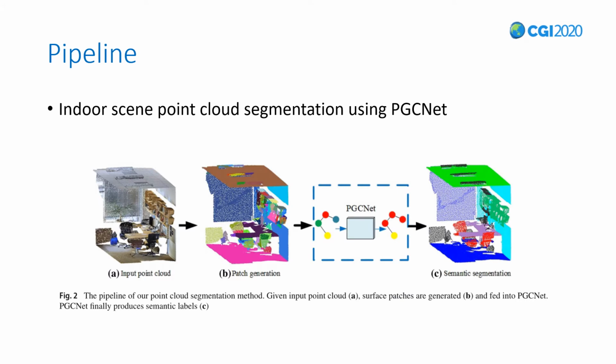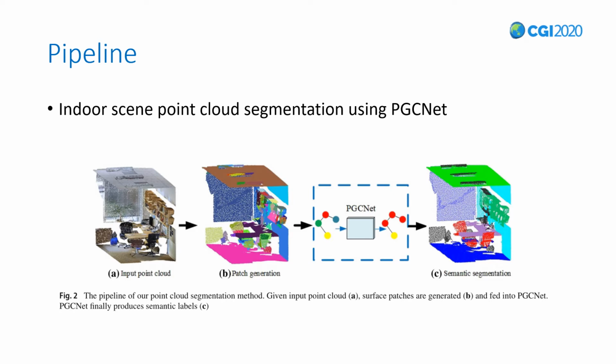The pipeline of our method can be seen from this figure. Given indoor scene point clouds, we first generate surface patches from the input point cloud by a region growing strategy, and then compute a feature descriptor for each surface patch.